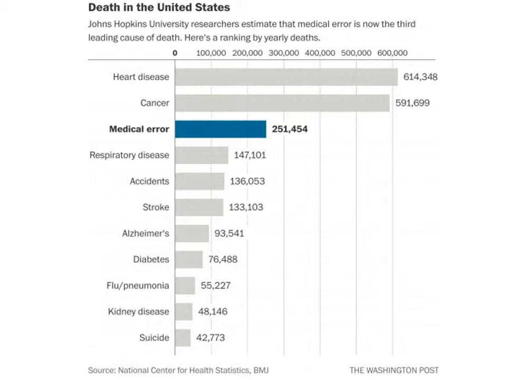But I would also want to warn you about medical errors. According to Johns Hopkins University, medical errors is the third leading cause of death per year. It's followed right behind heart disease and cancer. What this means is, every time you go into the hospital, you risk dying.